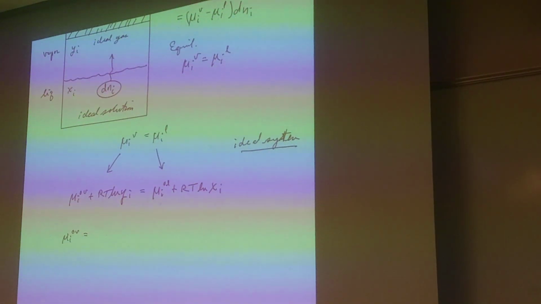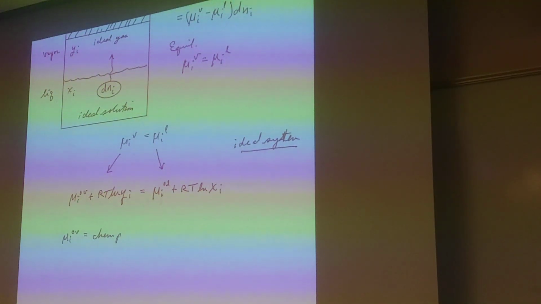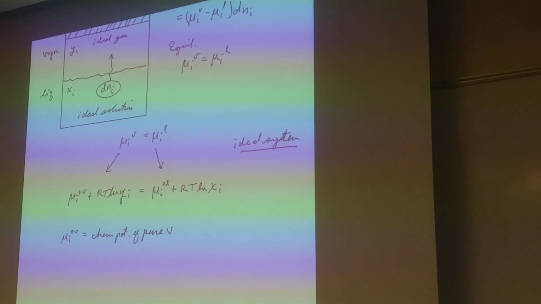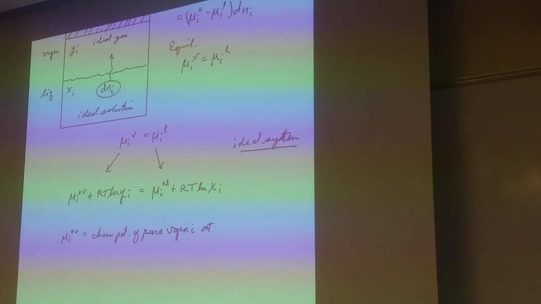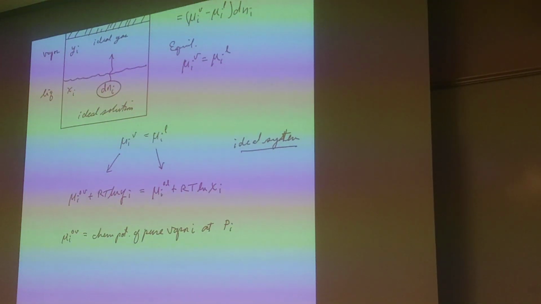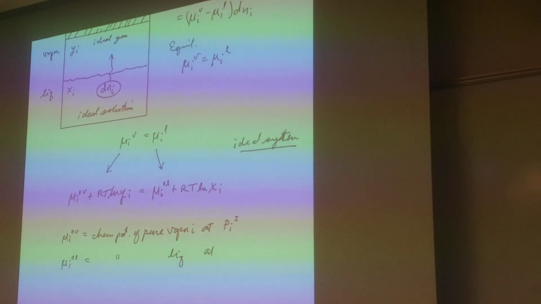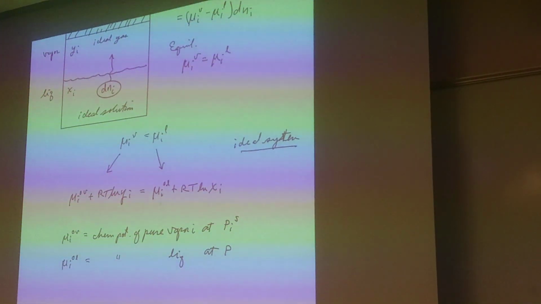This is equal to the chemical potential of vapor, of pure vapor, at its actual equilibrium vapor pressure. And this is equal to the chemical potential of pure liquid at the pressure P. So these are chemical potentials at different pressures.